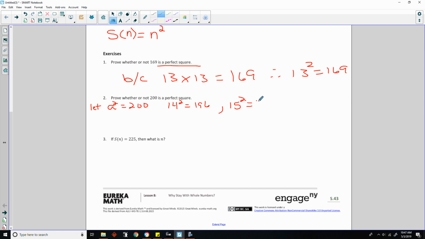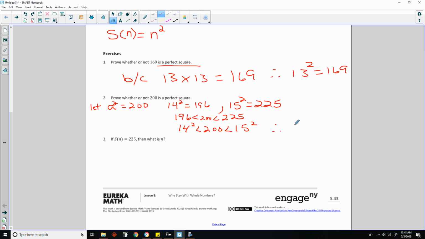15 squared equals 225. So I now see that 200 is between 196 and 225. Hopefully you all agree that 200 falls in between 196 and 225. So 200 is greater than 196 and less than 225. So 14 squared is less than 200, and 200 is less than 15 squared.